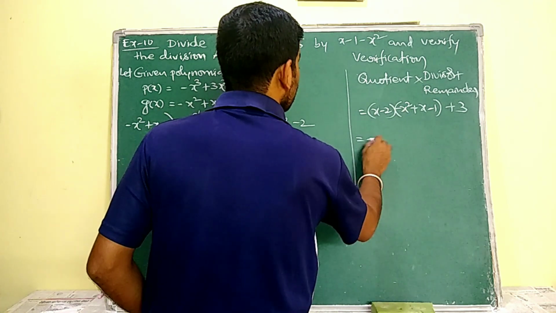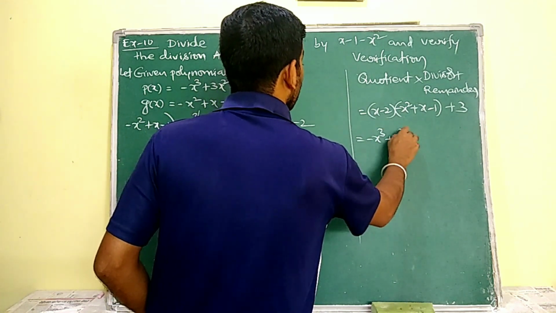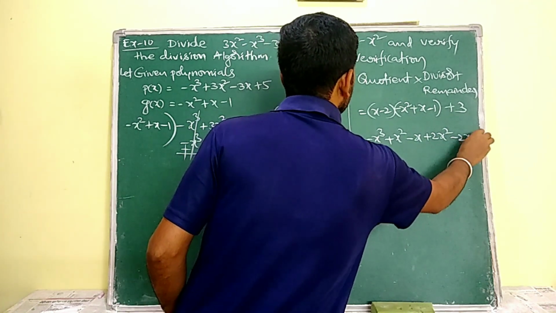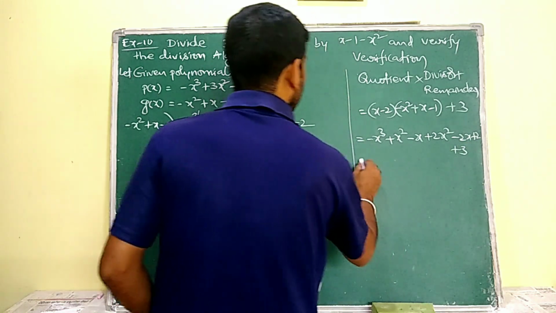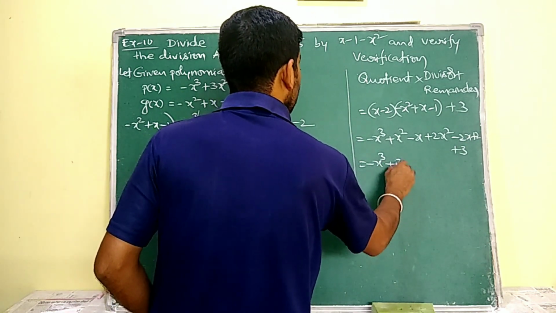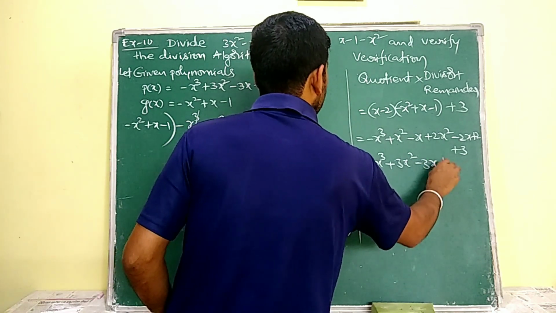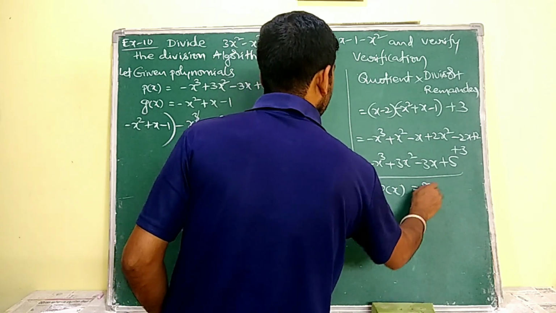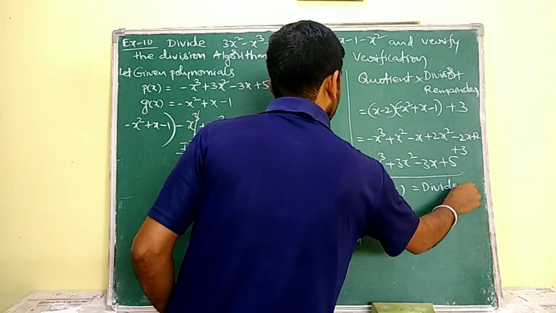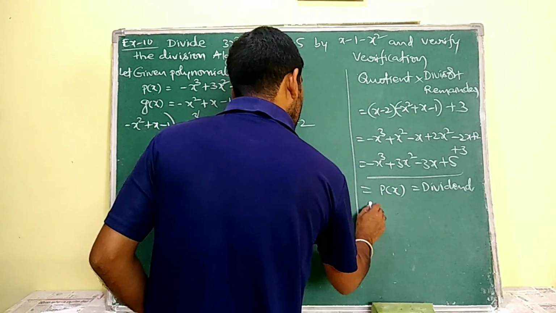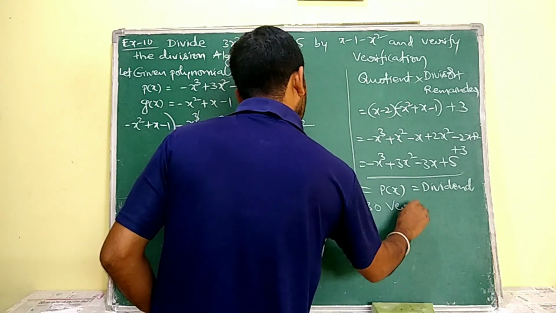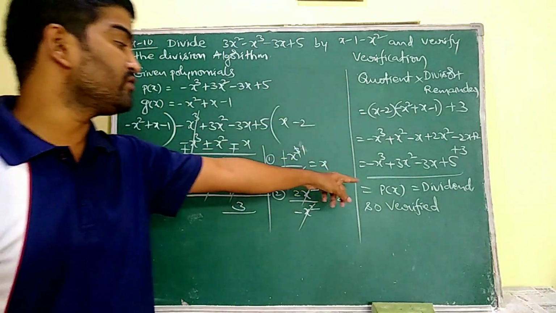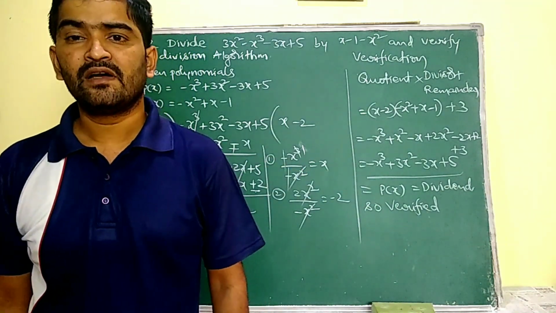X into minus x square plus x minus 1 gives minus x cube plus x square minus x, plus 2x square minus 2x plus 2, plus 3. That is minus x cube plus 3x square minus 3x plus 5. So this is nothing but our P of x, that is the dividend. So verified. Quotient into divisor plus remainder produces the dividend. So the division algorithm is verified.